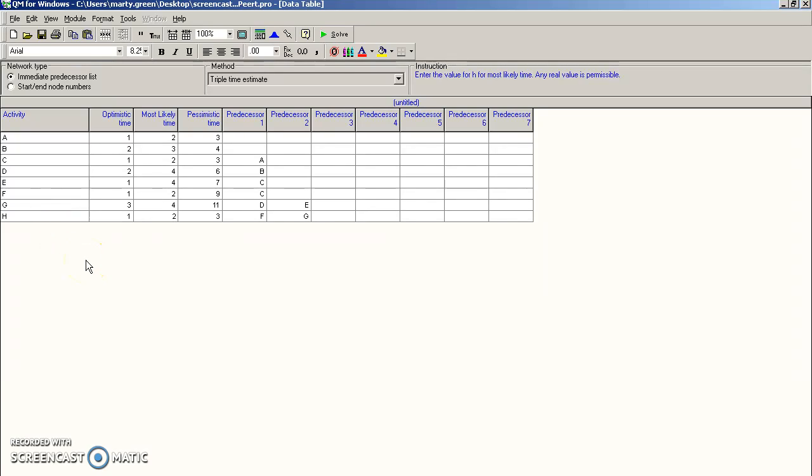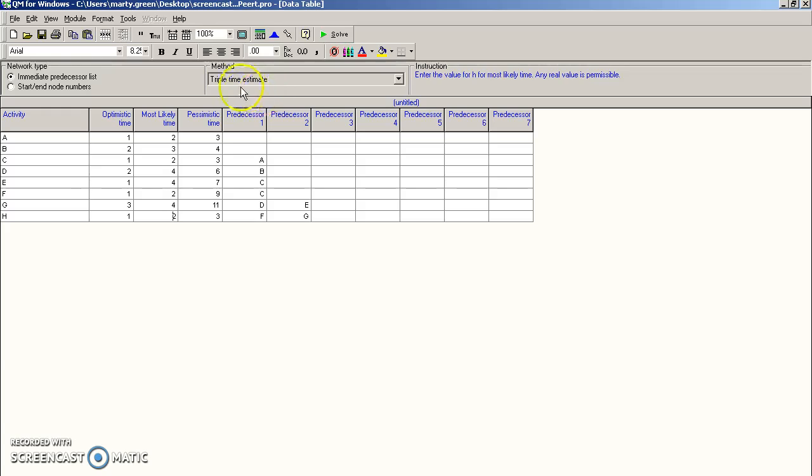What I want to do though is to provide you an overview of how QM for Windows does an excellent job with triple time estimates. Then all I did was go to the module, PERT critical path, click on File, New, and then select 8 different activities.